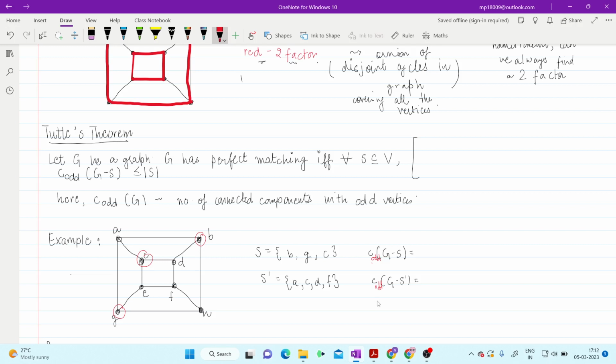So in this case, is it true? If S is BGC, what is the number of odd connected components?